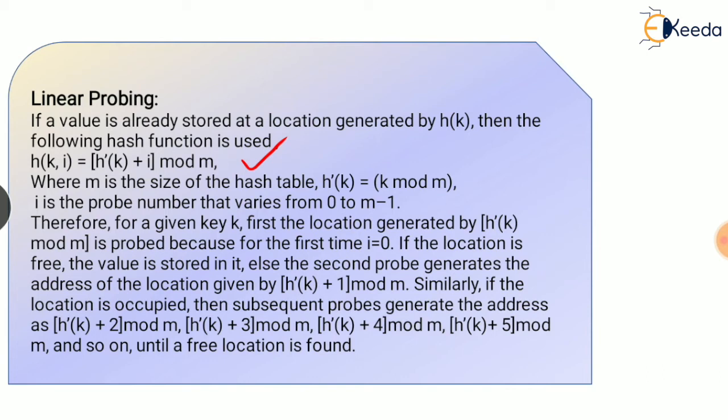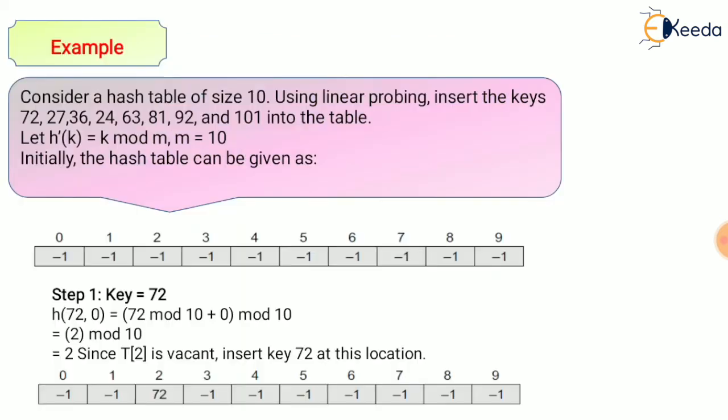So the probe number is increased until we get a free space to store that data, because the ultimate aim here is to remove collision, so we can uniquely identify each record. For that we are using a key for a particular number. Now this is the example.